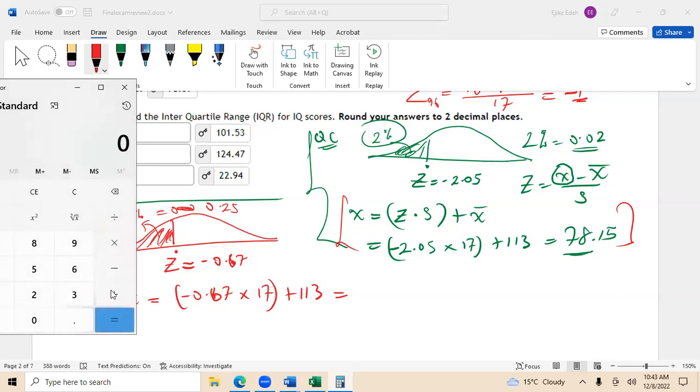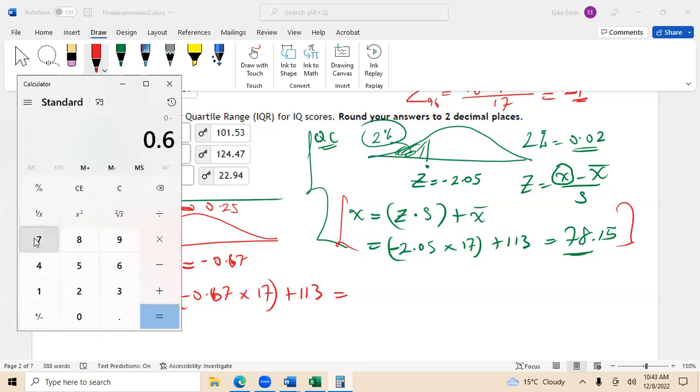Negative 0.67, put in negative sign there, times 17 plus 113 equals to 124.